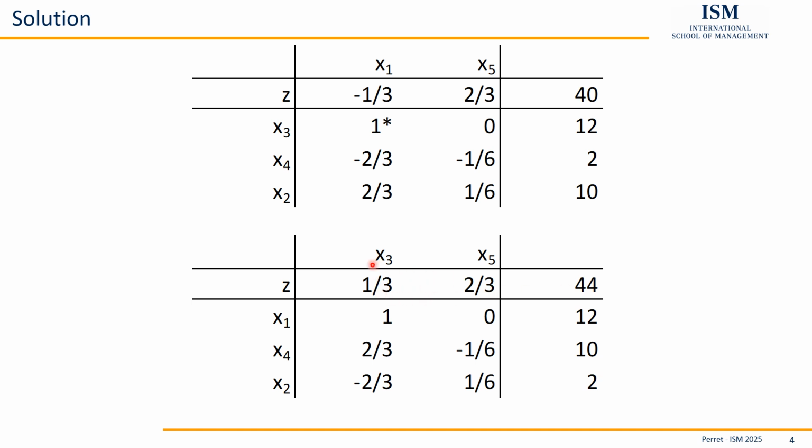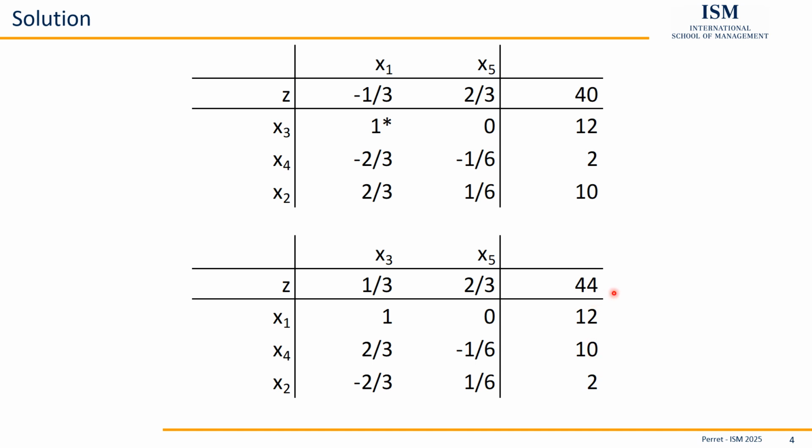In the optimal solution, the variables up here will have a value of 0. The values here will have the values on the right side. So my decision variables x1 and x2 have a value of 12 and 2 respectively, whereas those two constraint variables have the value of 0 and x4 has a value of 4.